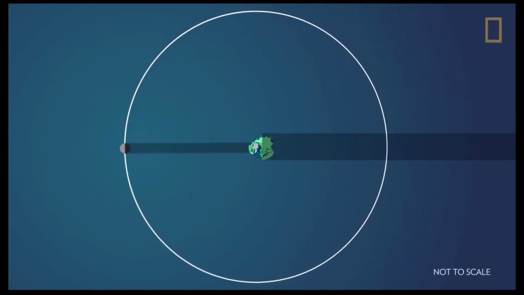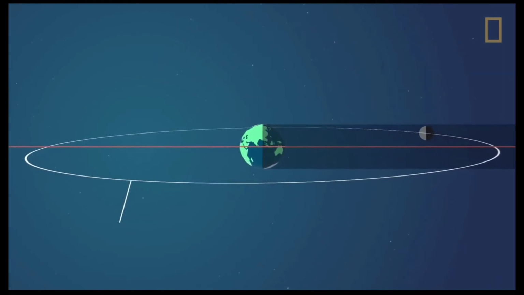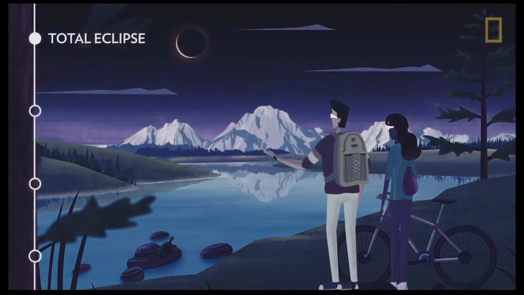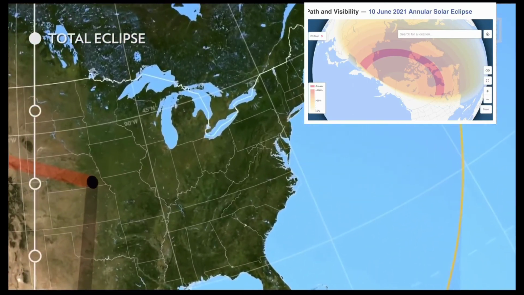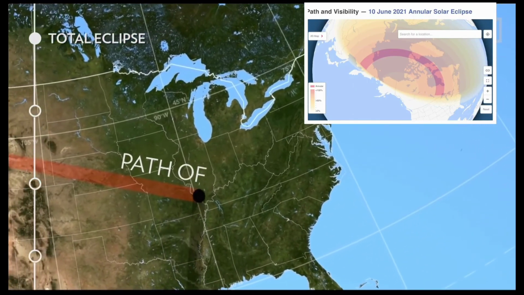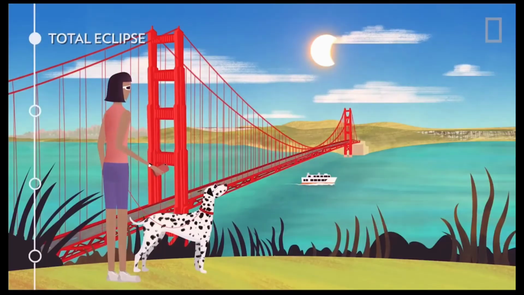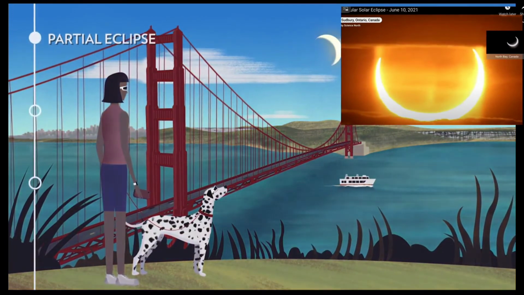Astronomers are able to predict eclipses because the Earth and Moon have very predictable orbits. A total eclipse can only be seen if you're standing within the umbral shadow. That's why the imaginary line created by this shadow as it races across Earth is known as the path of totality. People within the penumbral shadow see only a partial eclipse, the second type.